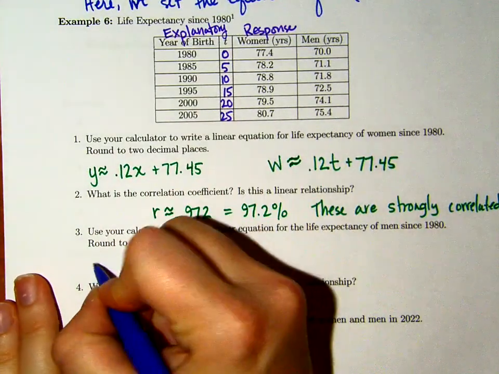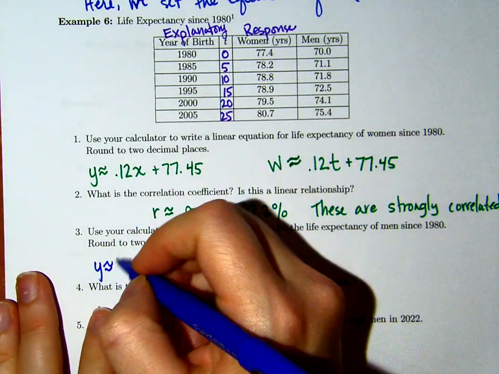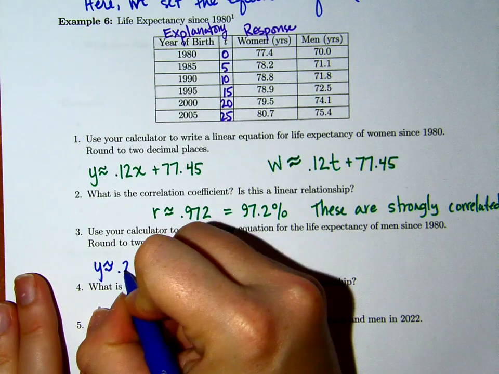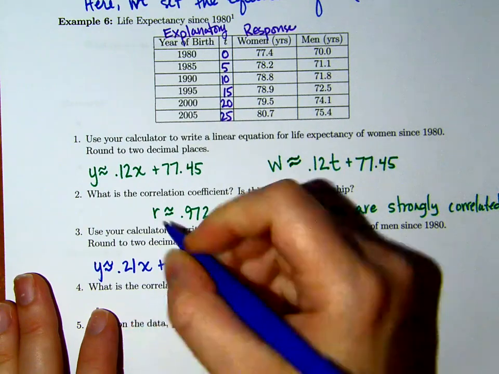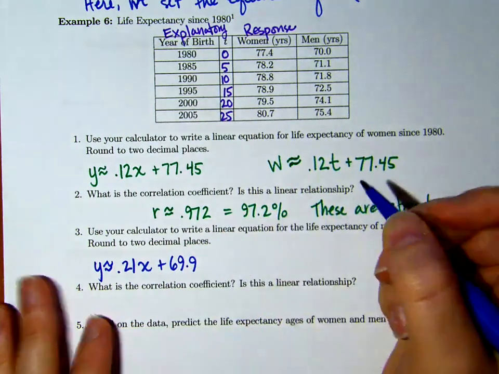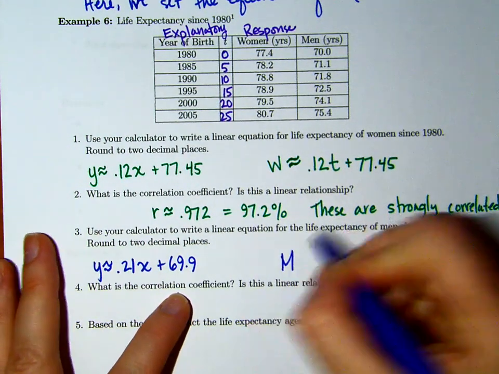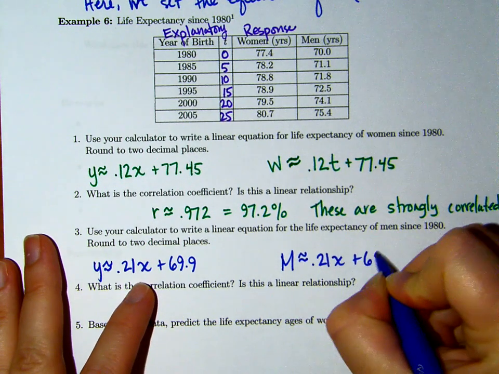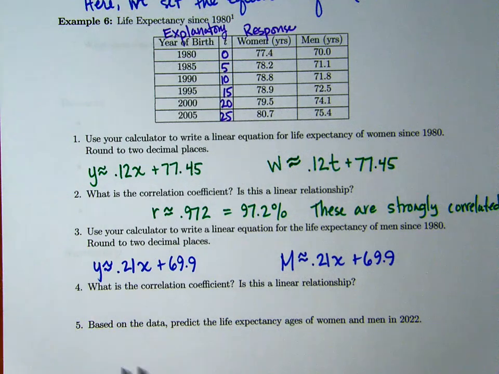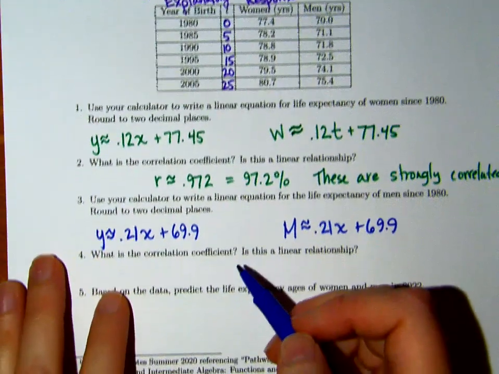Okay, so what is this? Y is approximately, rounding to 2 decimals, 0.21x plus 69.9. So the men's age is approximately 0.21t plus 69.9. Got it. What is the correlation coefficient?